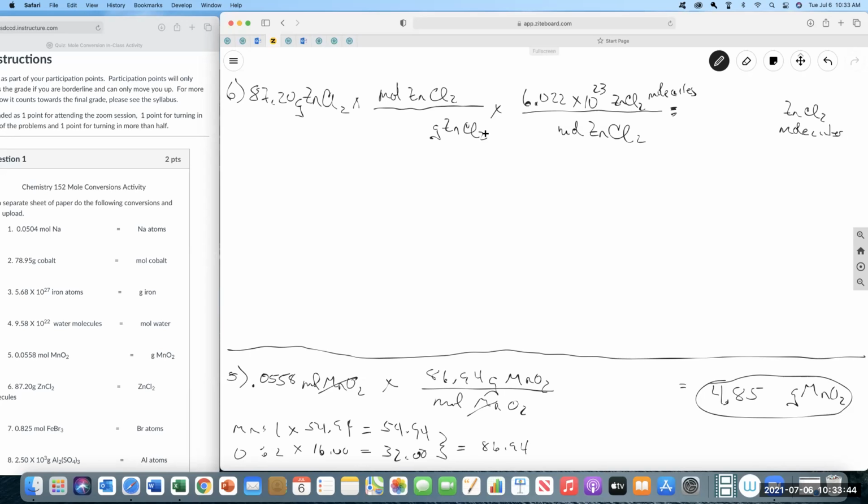So then you look it up, and I get 136.29 or so. Let me double check it. Yep, 136. All right, and then you see how the units work. And so we do the math.